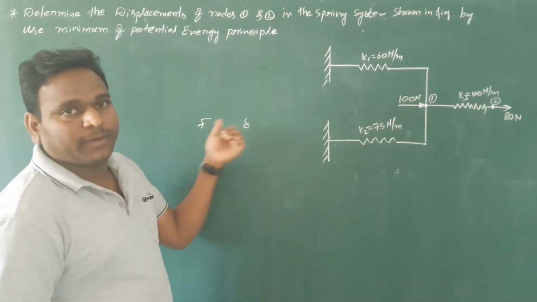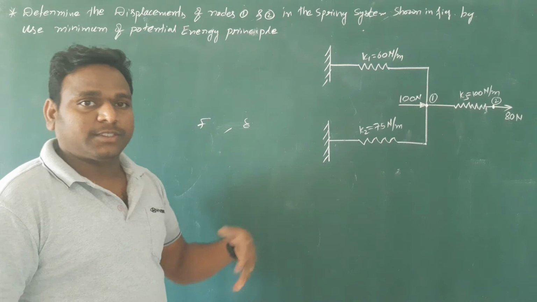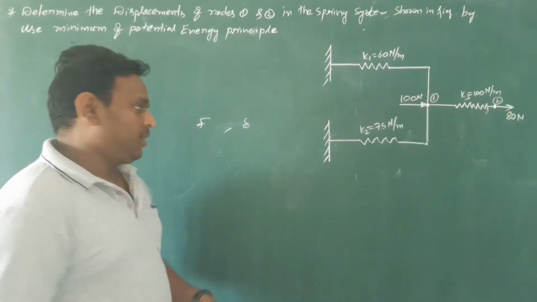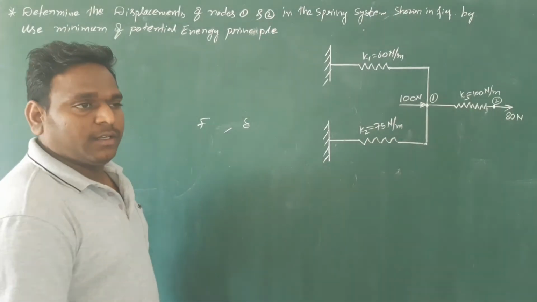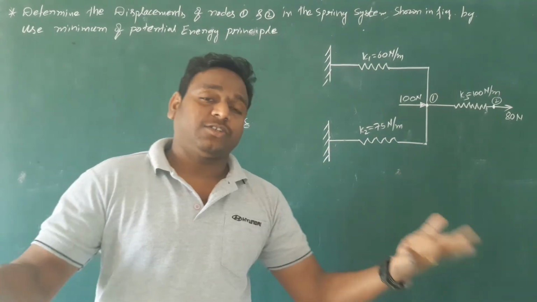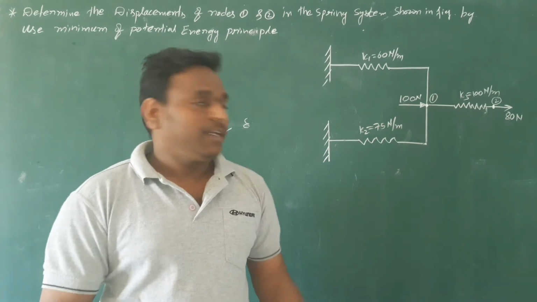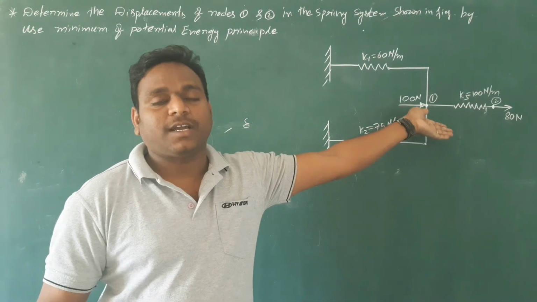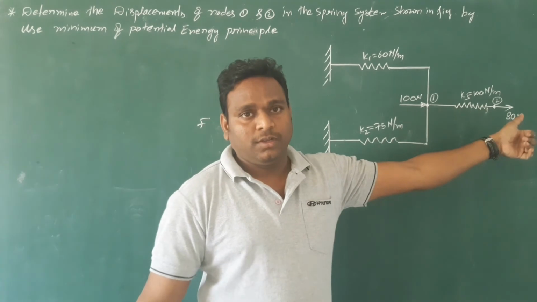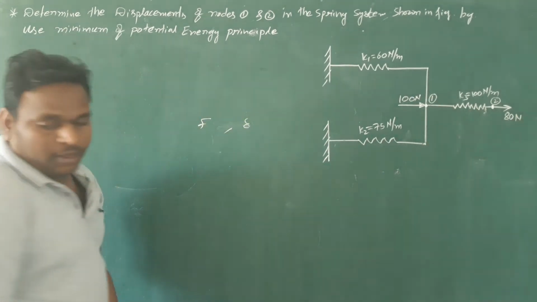If force decreases, deflection also decreases, like in our beams and bar elements, either tensile or compressive. He is asking what amount of deflection occurs at node 1 and node 2 depending upon the load. So now solve this.